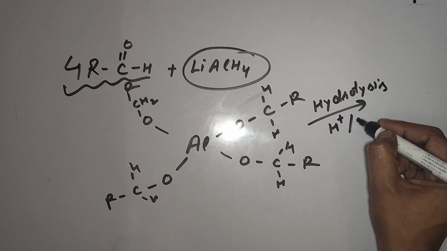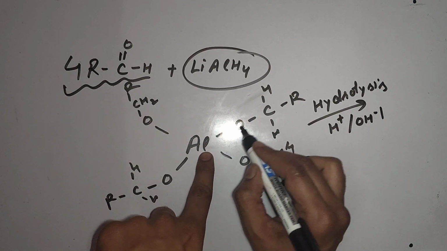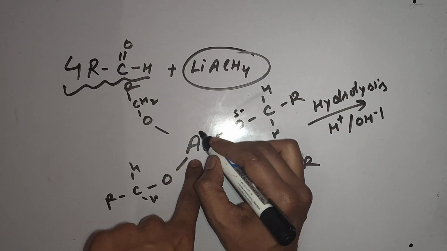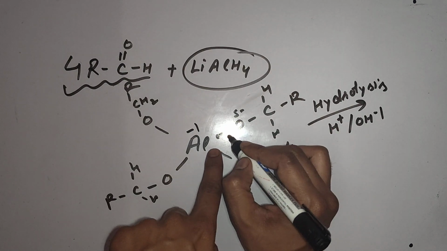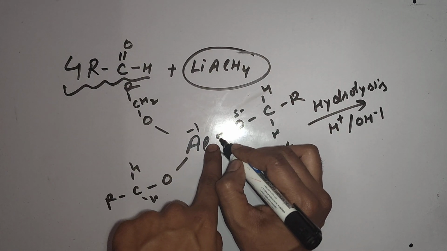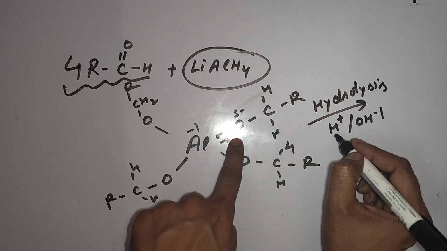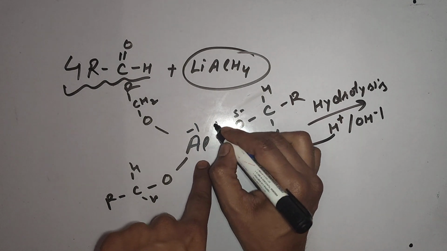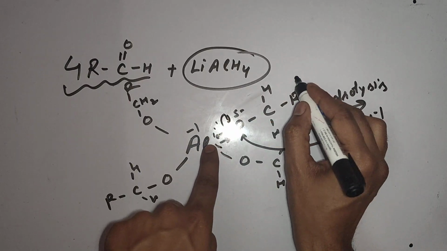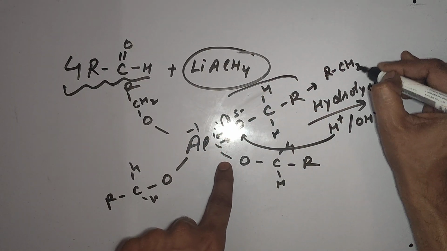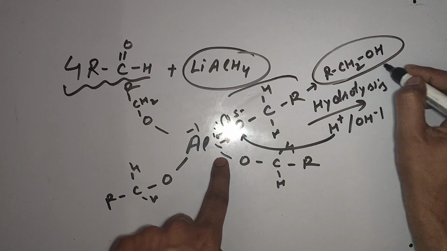Hydrolysis means H positive OH negative will break the aluminium oxygen bond. Oxygen is more negative. Here aluminium was -1, but because oxygen is more electronegative, these electrons are toward the oxygen side. So oxygen is partial negative over here, which is attacked by H positive particle, the bond breaks, and this particle will change itself to RCH2OH, alcohol.